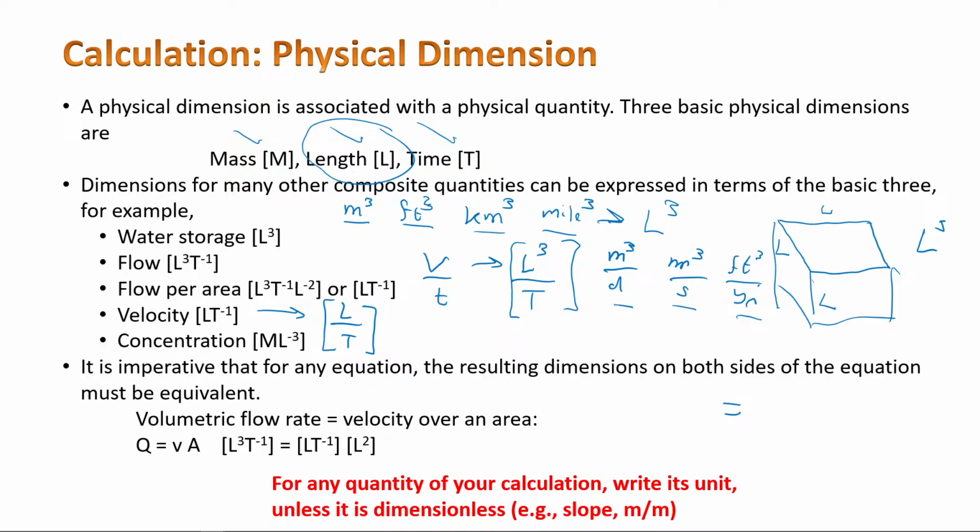Let me give you an example: force is equal to mass times acceleration. The dimension of the left side should be equal to the dimension of the right side for any physics-based equation, not empirical equations. Empirical equations could be different, but for physics-based equations the dimensions need to be homogeneous and consistent.